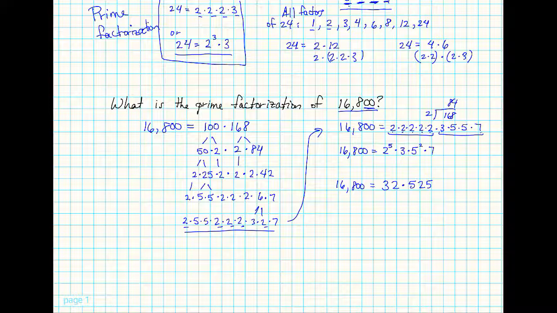And so that's one of the values of the prime factorization of a number. So, by the way, I just want to clarify that either one of these is the prime factorization of 16,800. This one was just a thing that we can get from the prime factorization.